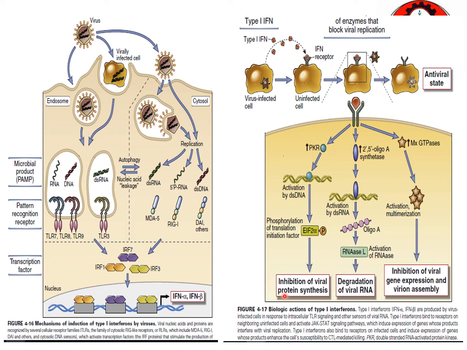This is going to lead to inhibition of viral protein synthesis, degradation of viral RNA, and inhibition of viral gene expression and virion assembly. So the net effect of the interferon gamma is affecting the production of the viral protein, and that's how it inhibits the viral replication.